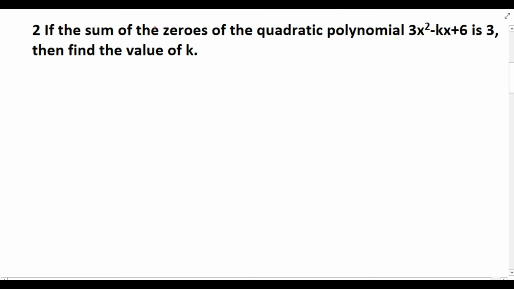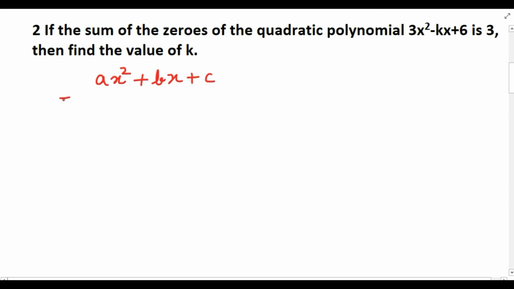Next question: if the sum of zeros of the quadratic polynomial 3x square minus kx plus 6 is 3, you need to find the value of k. We know the general form of the quadratic polynomial is ax square plus bx plus c.